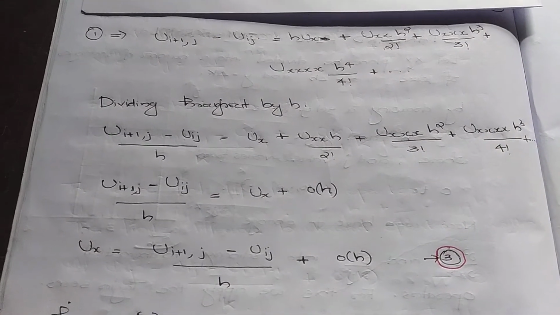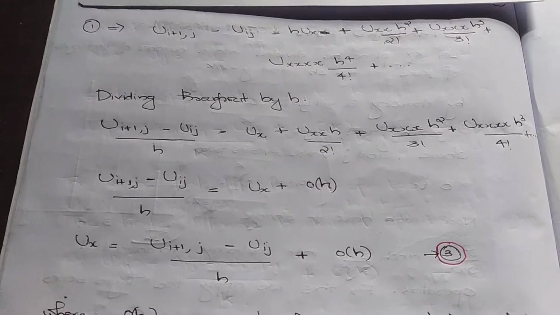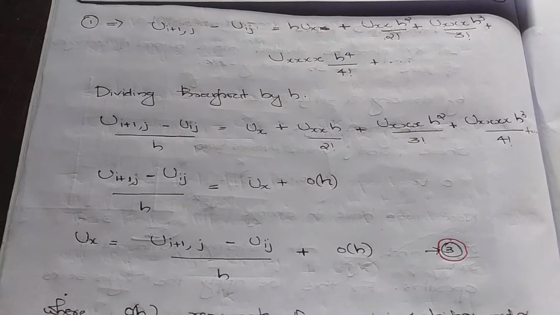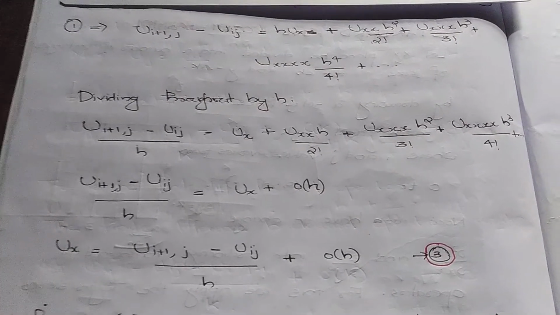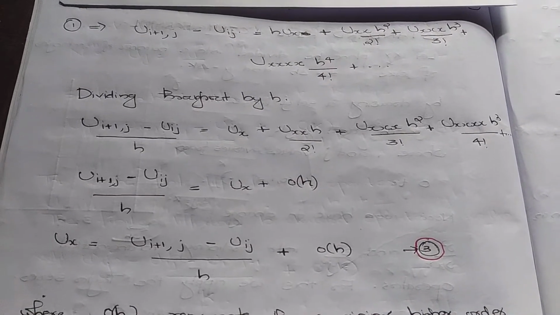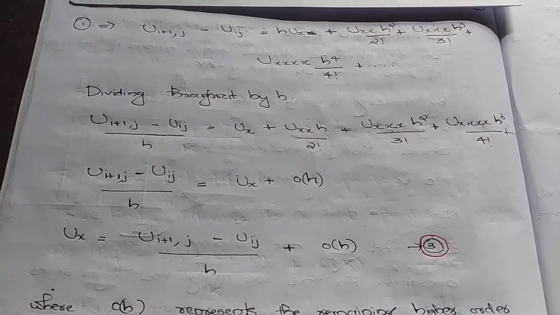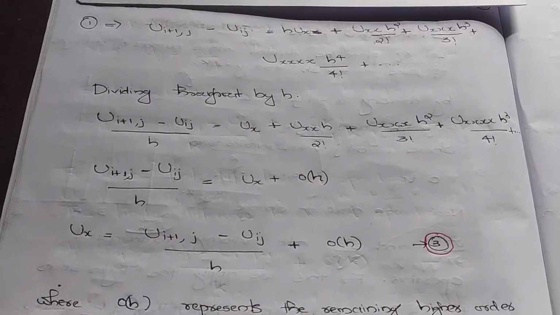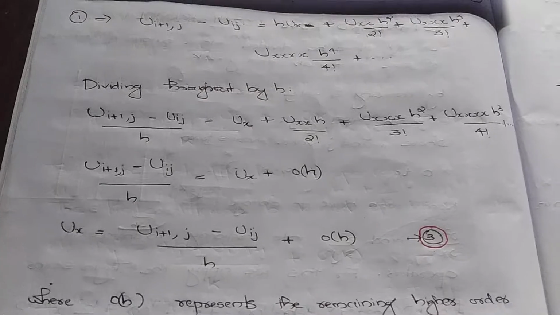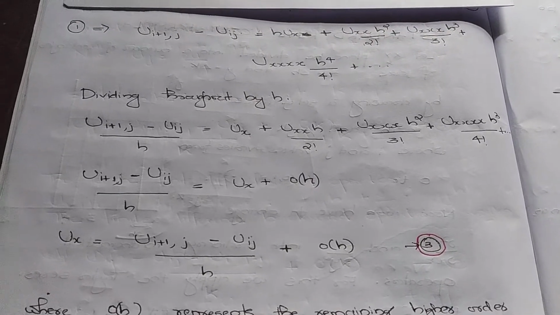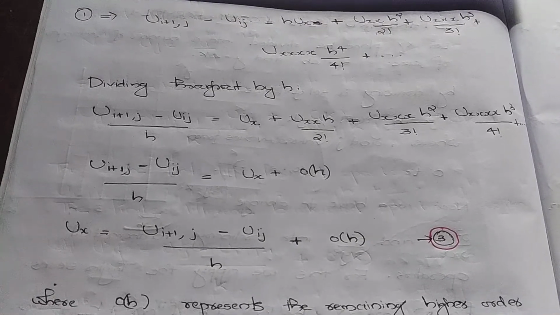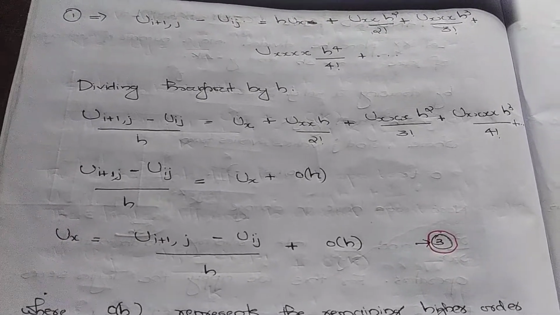By dividing it by h, we get ui plus 1j minus uij by h is equal to ux plus uxx h by 2 factorial plus uxxx h square by 3 factorial plus etc. Here we see that after the ux term, the other terms are of order h, and we can simply write them as other higher terms.